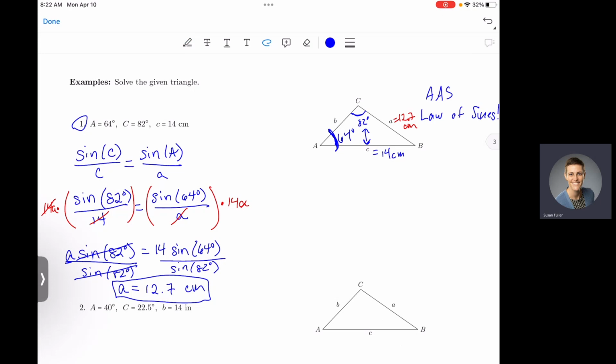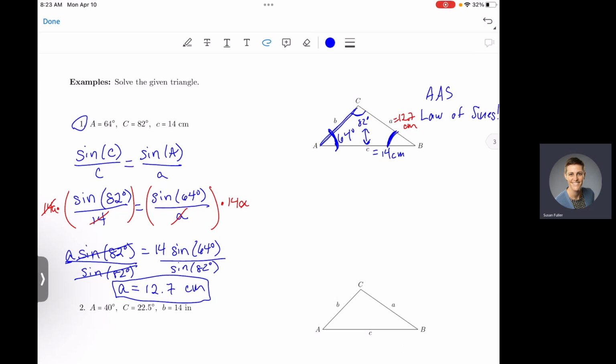Well, normally we would find side B from the Pythagorean theorem, but in an oblique triangle, we don't have the Pythagorean theorem. We can't apply that. So we're going to have to find angle B first.